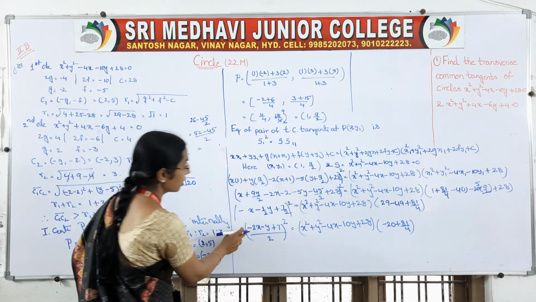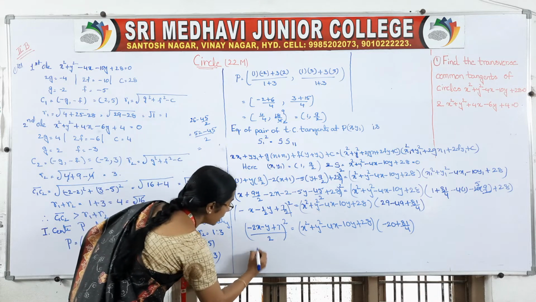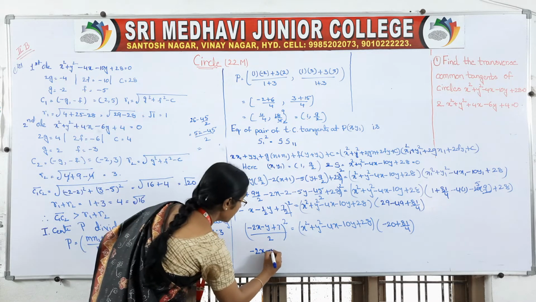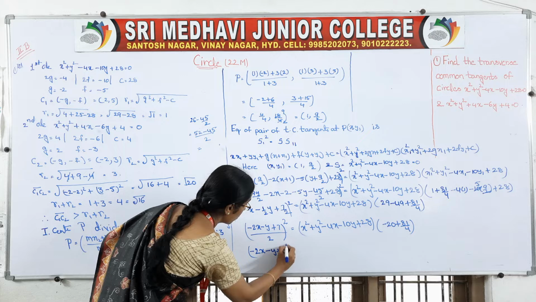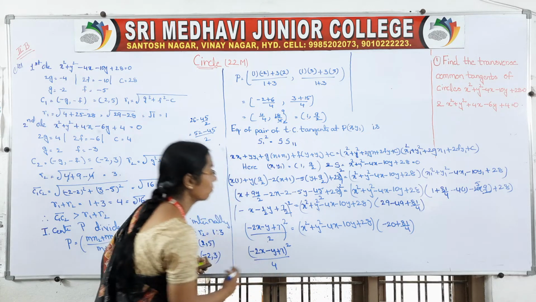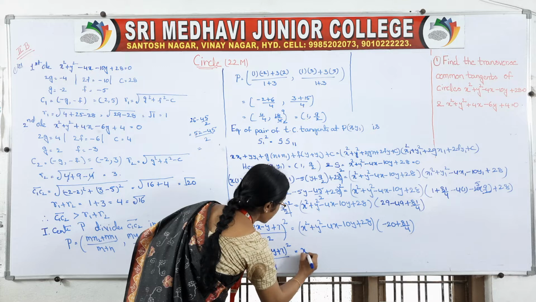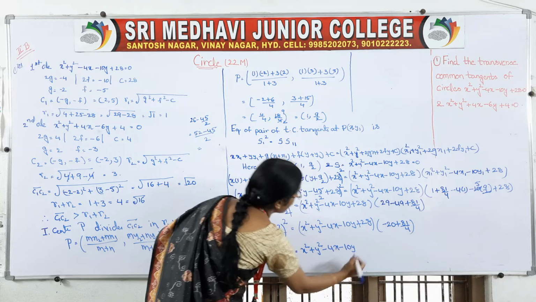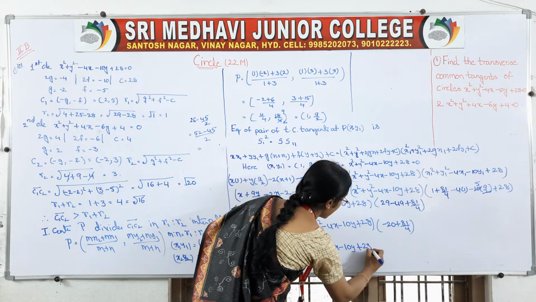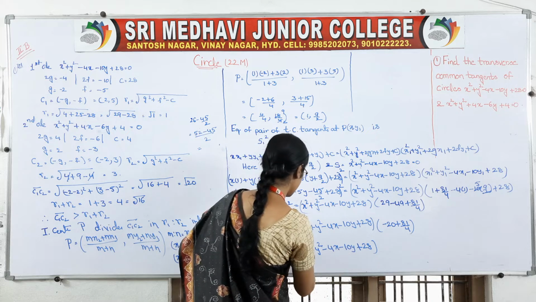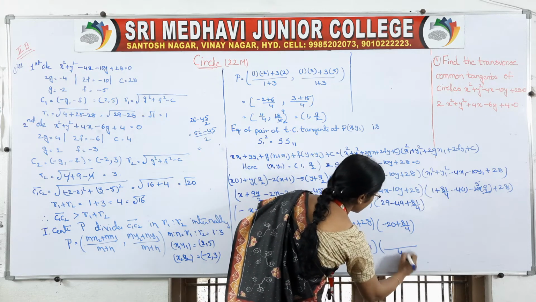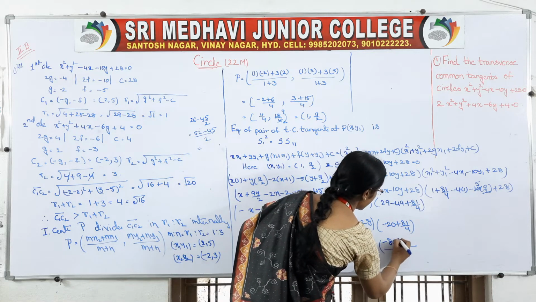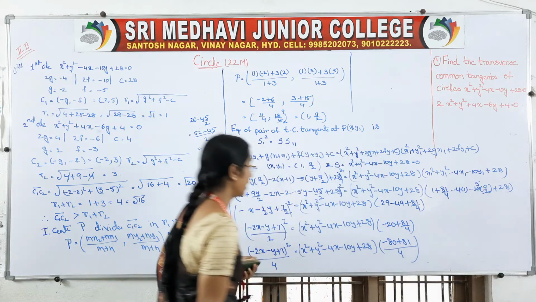Now write the square separately for numerator and denominator. Minus 2x minus y plus 7 whole square by 2 square, which is 4, equals x square plus y square minus 4x minus 10y plus 28 into, taking the LCM, 4 is the LCM, 4 twos are, so it is minus 80 plus 81.